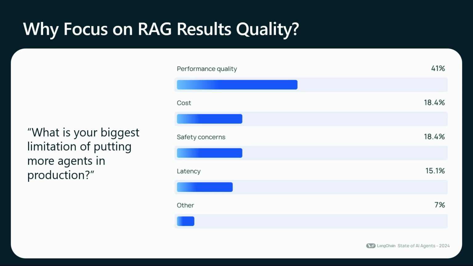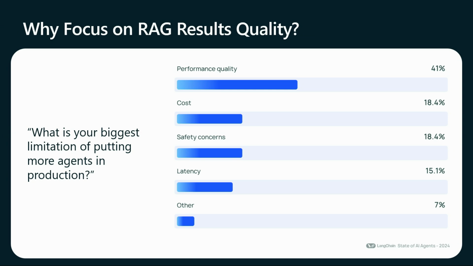By far, the number one concern people have is the performance quality of these systems. Like, are they answering the questions correctly? And the challenge with this is these systems look so confident that people can overtrust them without the right metric. So it's critical for us to create a system that has high quality, that is carefully measured, and is well understood how it works to make sure that we get the right results for every question our users ask.